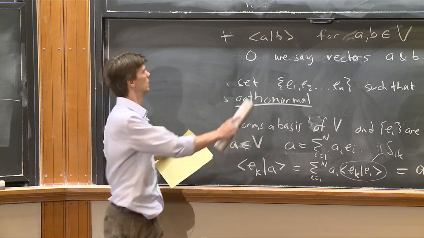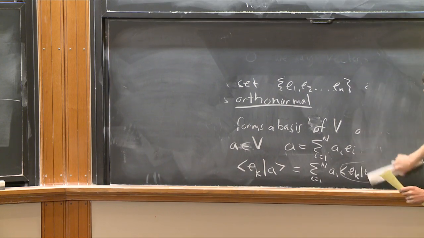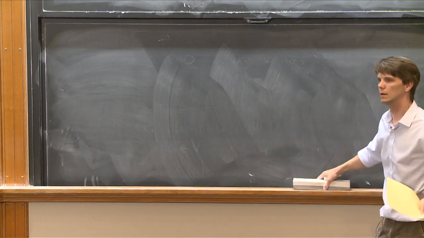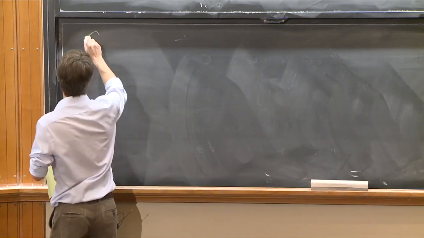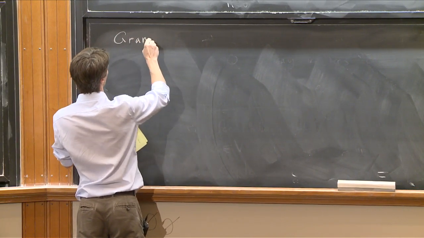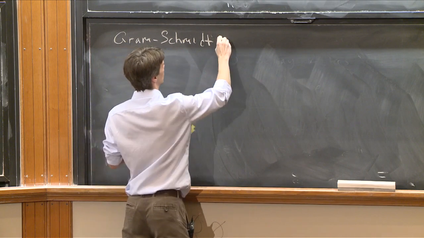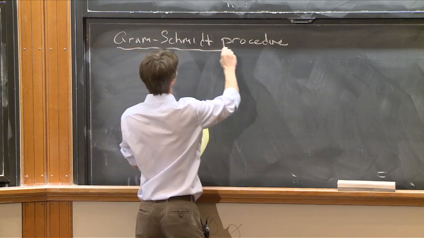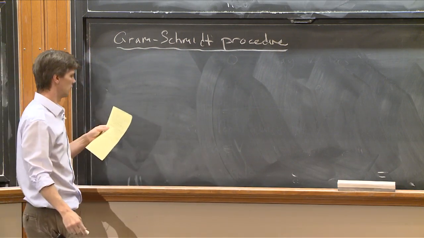Yeah, okay, that's how we make an orthonormal basis, and the way you do it in R3, you do it the same way in your arbitrary vector space. So we have the Gram-Schmidt procedure.